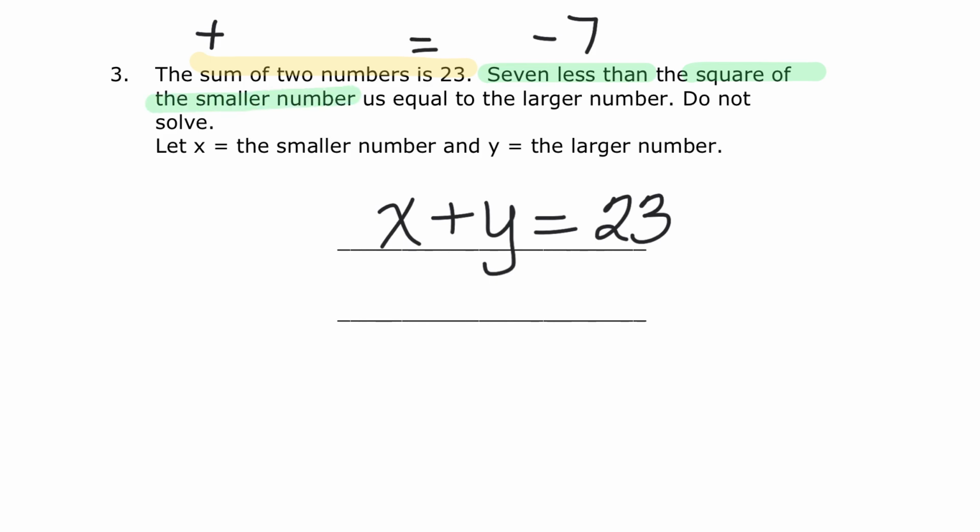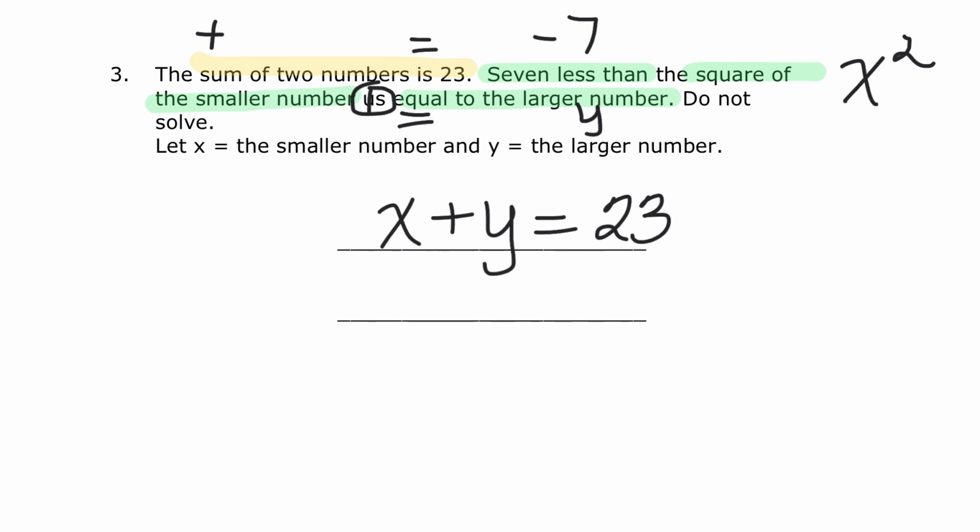The square of the smaller number would be x to the power of 2. That word right there should be is equal to the larger number. Let's highlight that: is equal to the larger number, and the larger number is represented by y.